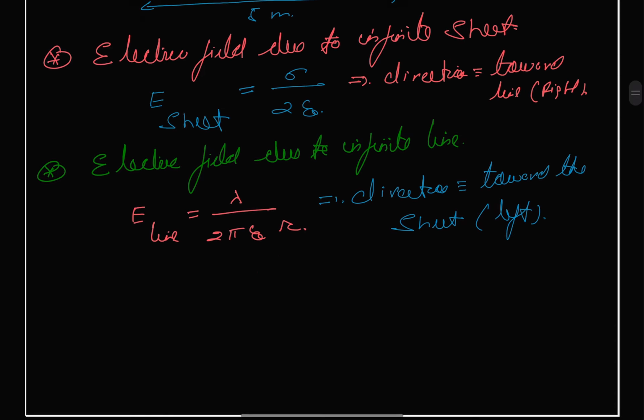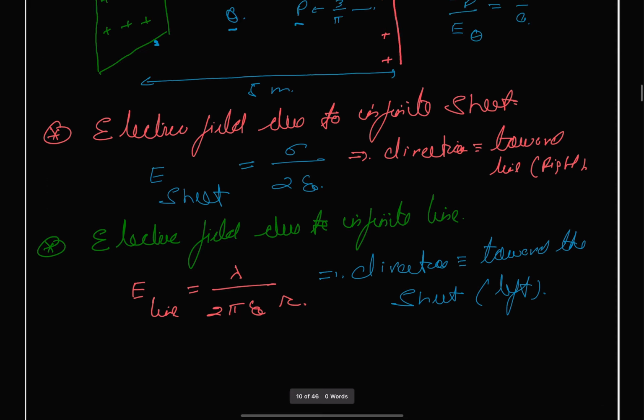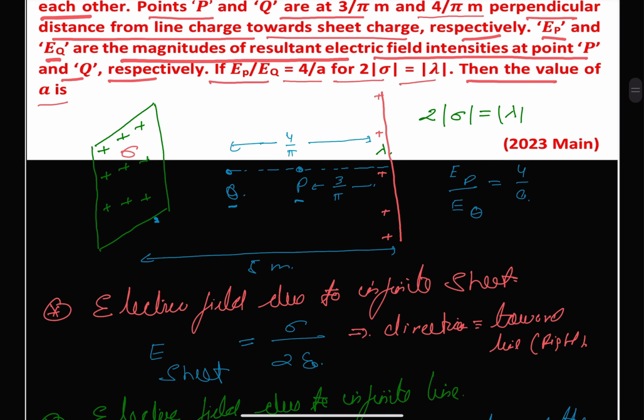Let's find out. For the line we can just update the equation using the relationship that lambda is equal to twice of sigma.